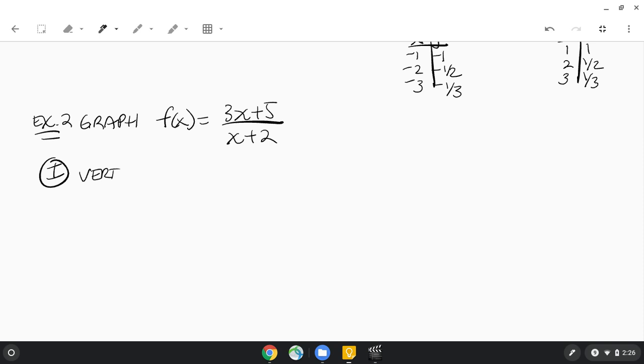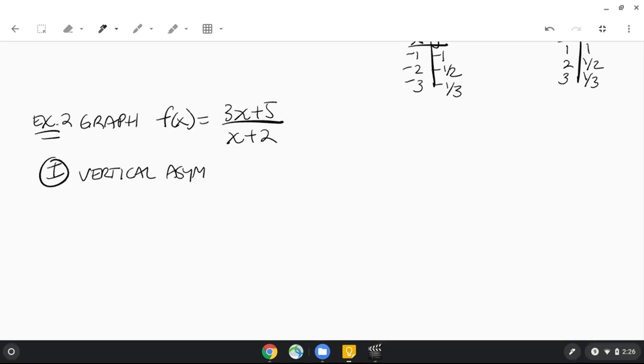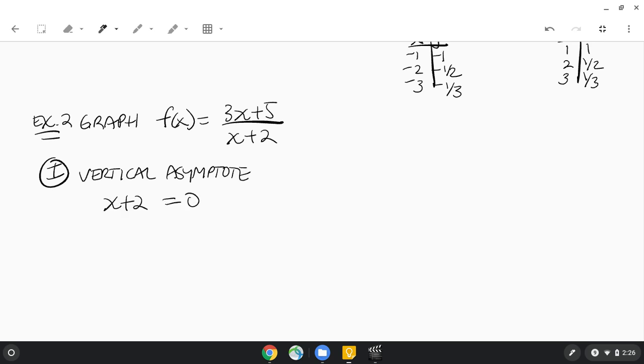Our vertical asymptote is the one where the denominator equals 0. So let's take that denominator, x plus 2, and set it equal to 0. So when does it equal 0? When x equals, did you say -2? Good.